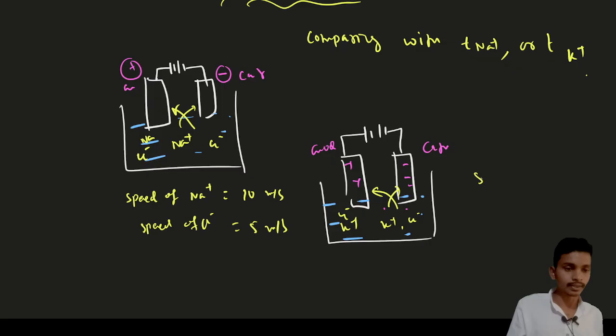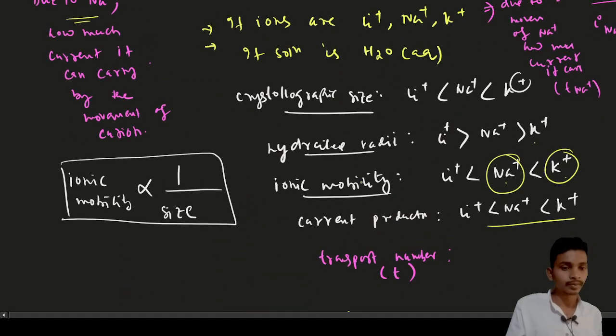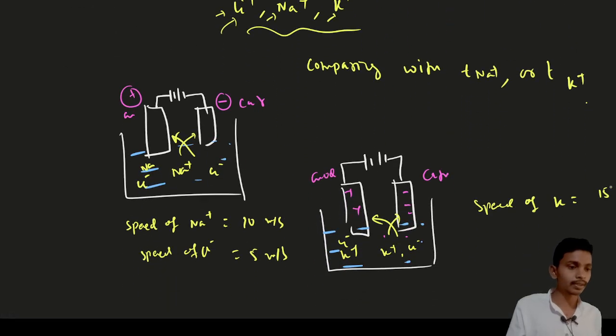And here the speed of K: we have already discussed that the ionic mobility of K is greater, so I take a higher value, let's say 15 meter per second, and the speed of Cl- is again 5 meter per second.